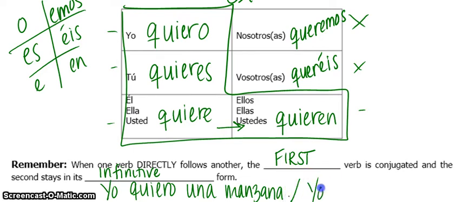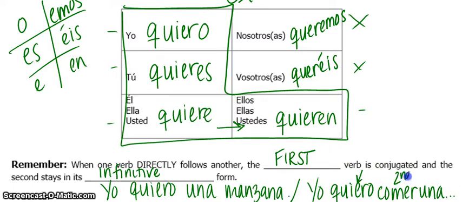Or we could say, yo quiero comer una manzana. Quiero is our first verb, which is conjugated, and comer is our second verb. It changes the meaning slightly and makes you sound a little bit different when you speak, so it gives you a wider vocabulary. I want to eat an apple.